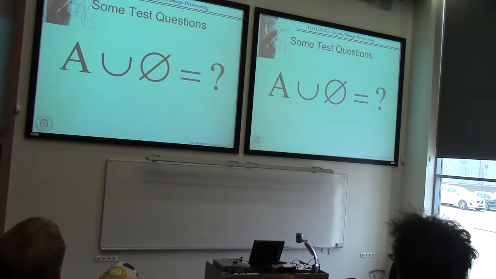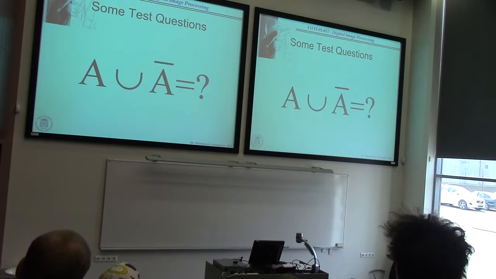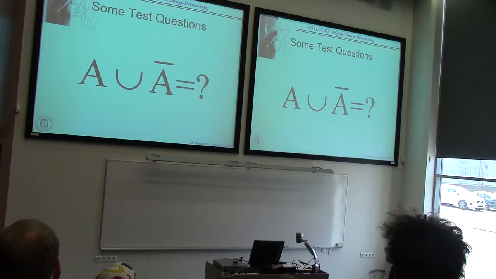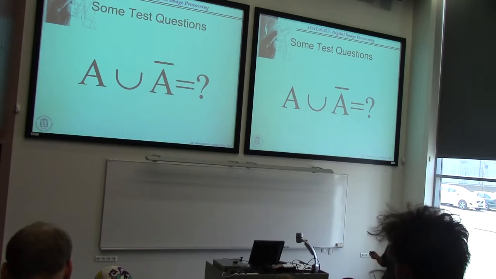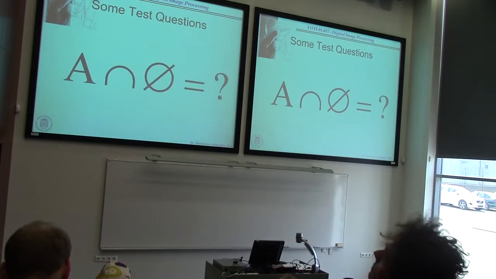The test question: what is the result of the union of A with empty set? A. And the union of A with its complement? The complement of this is the rest, and when we add this, we find the universal set.